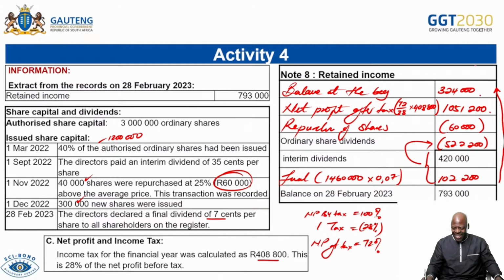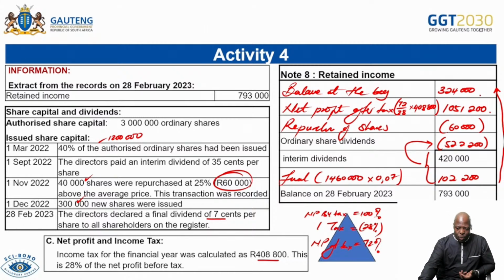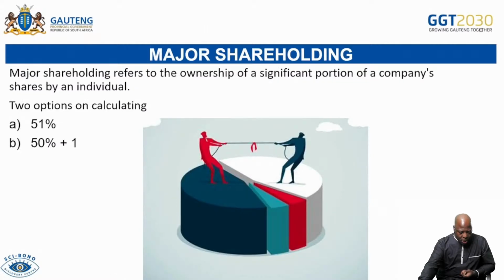All right. We are nearing the end of our class, and I'm going to introduce something to you which I should have introduced last week, which is very important, which is what we call major shareholding. When you talk about major shareholding or majority shareholding, it refers to the ownership of a significant portion of a company's shares by an individual or a family.